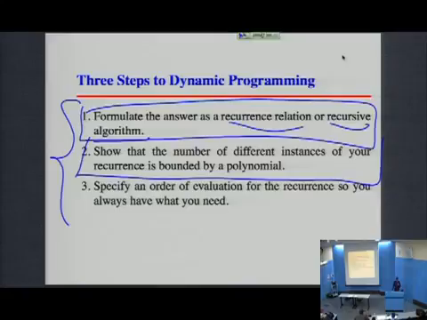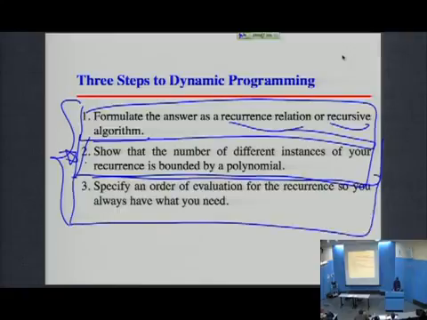That's why you can benefit from storing the results, because you're computing the same thing over and over again. Once you count how many boxes there are and how much time it will take to compute each one, if the boxes are already filled in, you know what your efficiency is going to be. And the final thing is to find a way to walk through your matrix such that you fill in the cells so that the ones you need have already been computed before. These are the 3 steps we take.